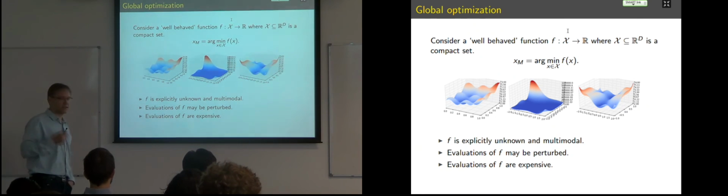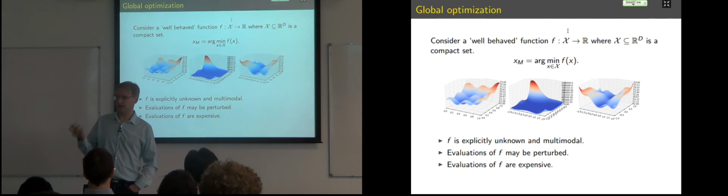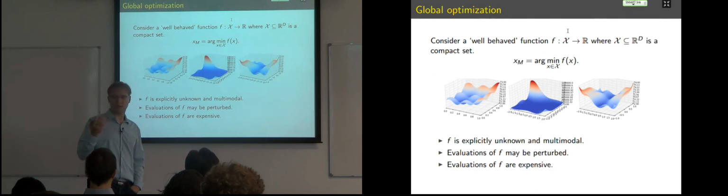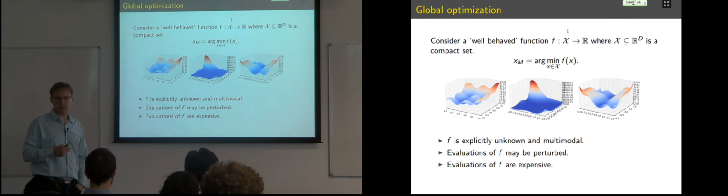So f is explicitly unknown. We don't have it explicitly, but we have access to it through some evaluations. These evaluations can even be expensive. They can even be perturbed by some noise.